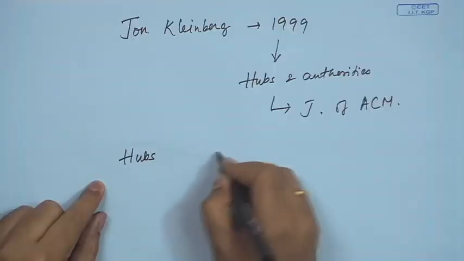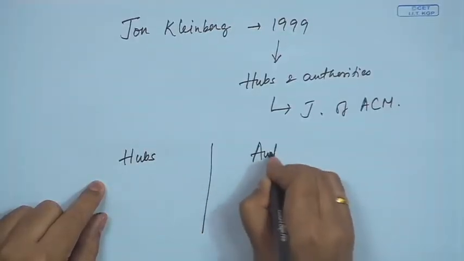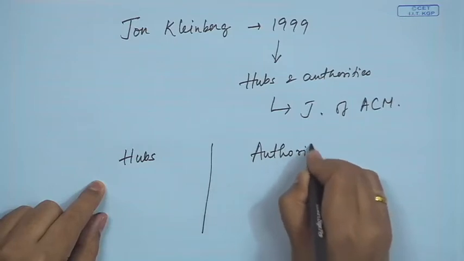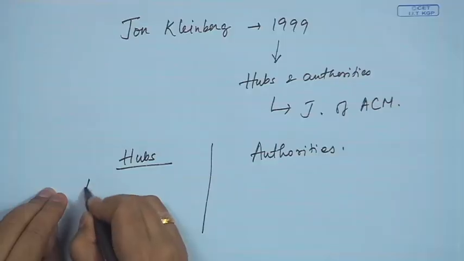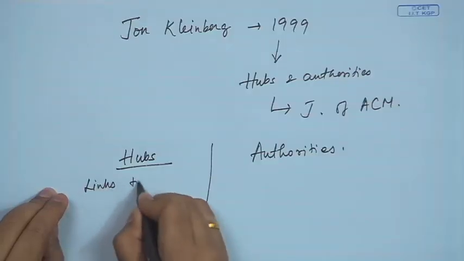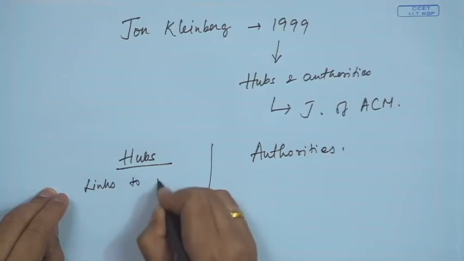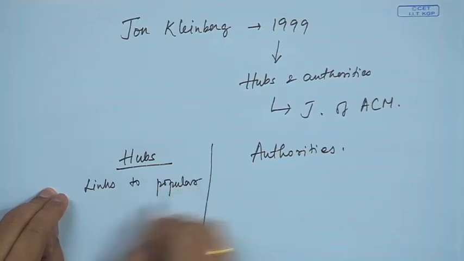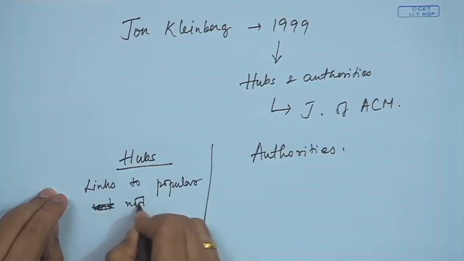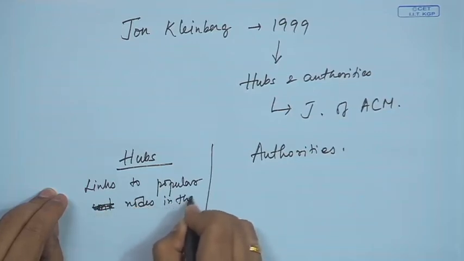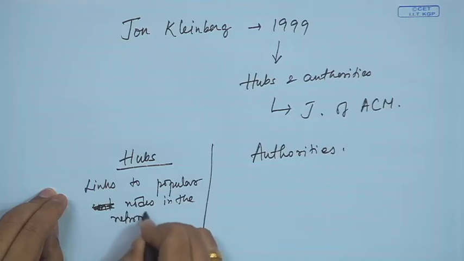So, there are two types of entities, hubs and authorities. The hubs, as the name suggests, are nodes that link to popular content or popular nodes in the network.